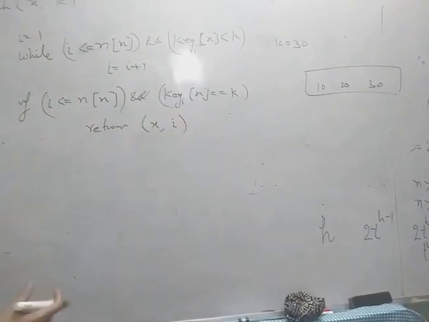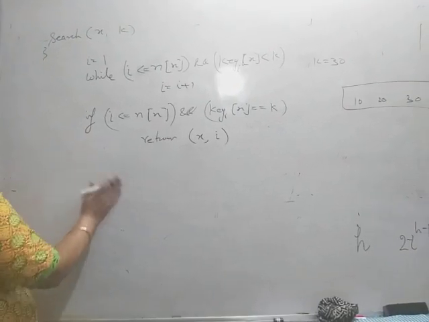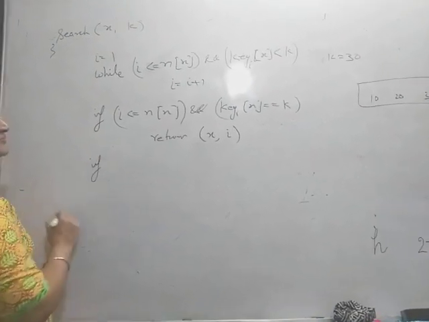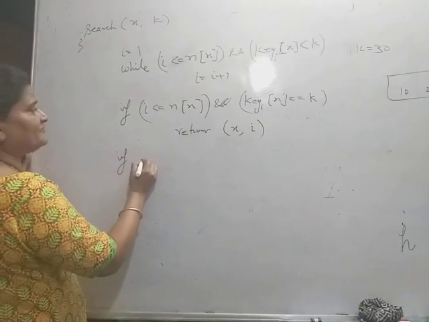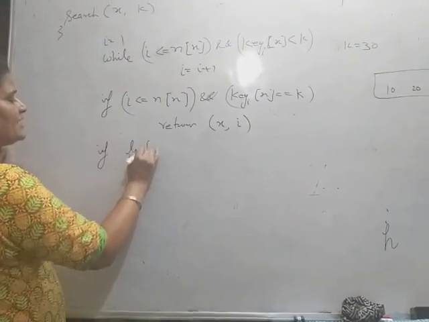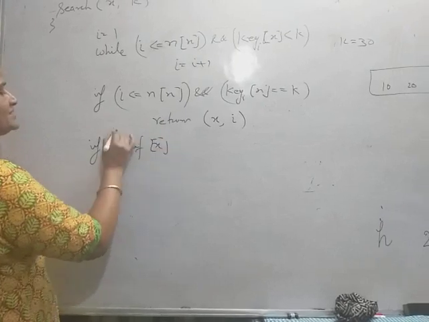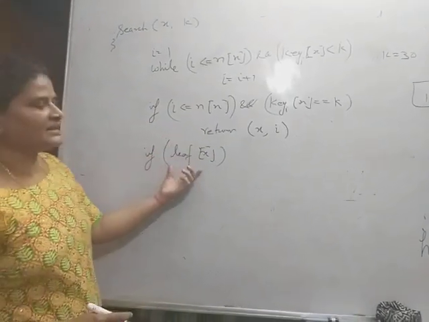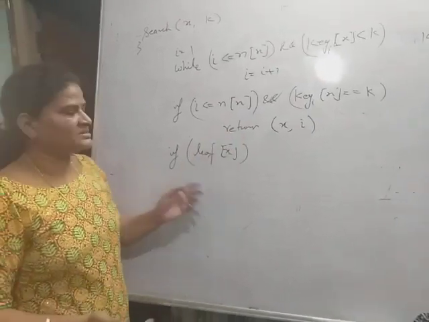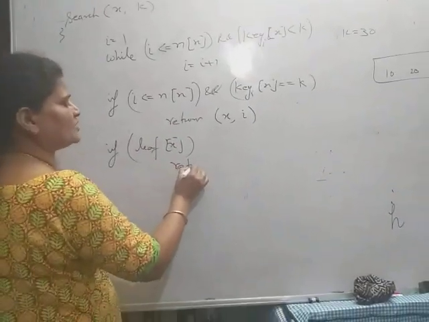It will be present in the ith position. If this is not the case, and if x is a leaf, then of course return nil, the element is not present.